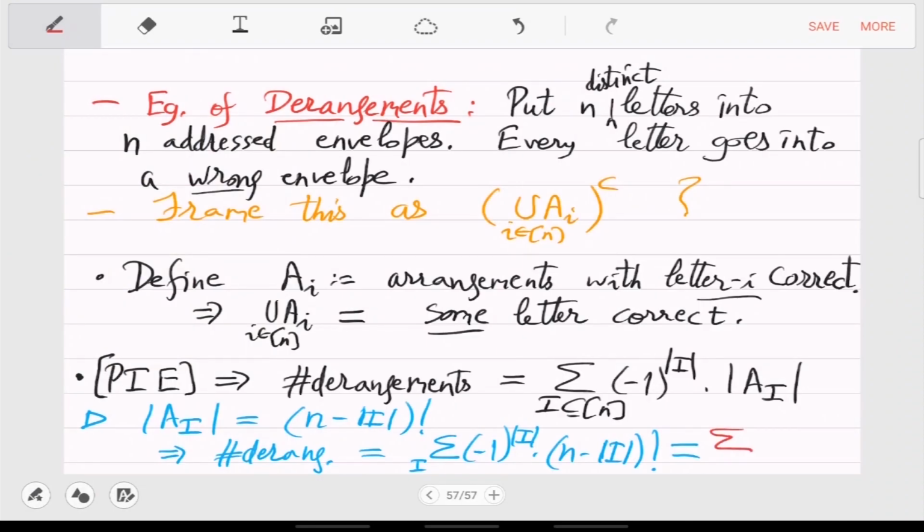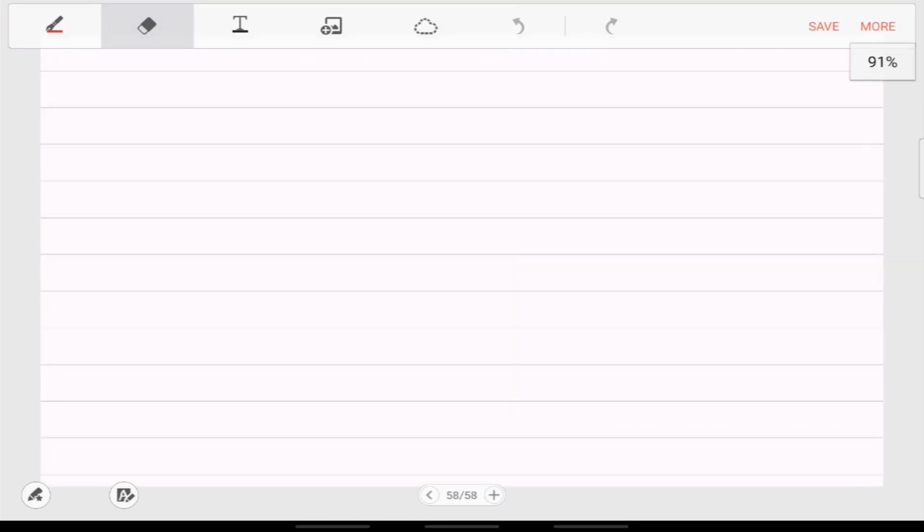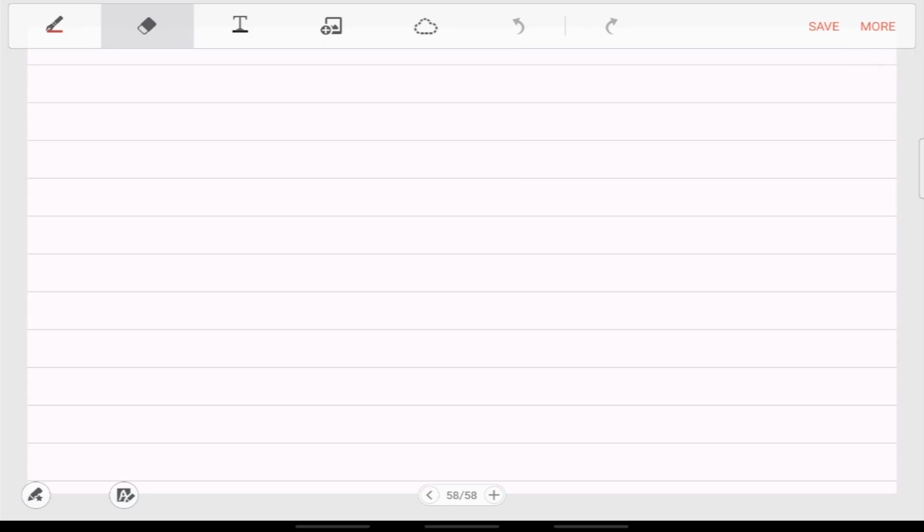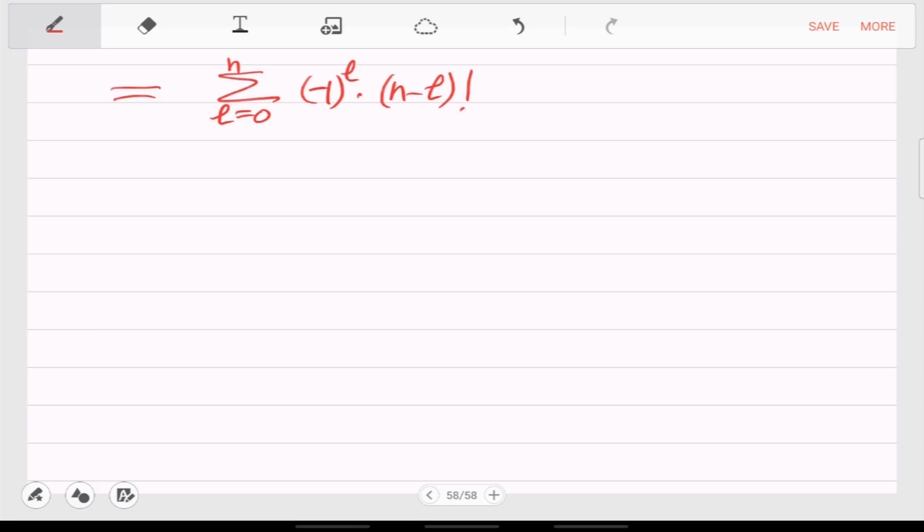So that will be L equal to 0 to n, (-1) to the L times (n minus L) factorial.